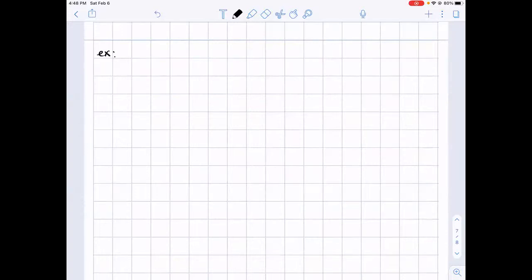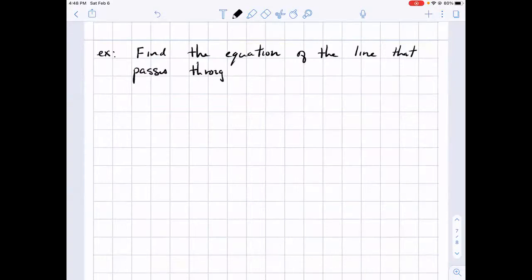So how about if I said to find the equation of the line that passes through the points -3, 3 and 3, -1.